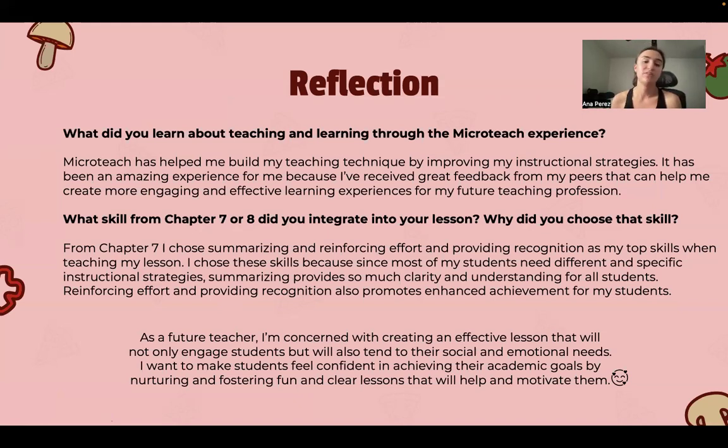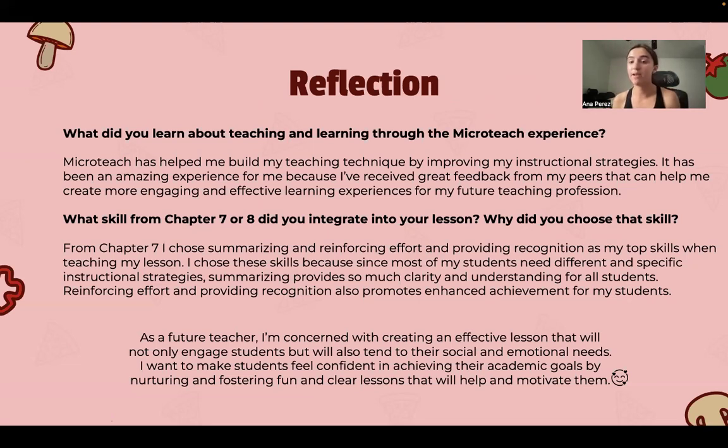What skill from chapter 7 or 8 did you integrate into your lesson, and why did you choose that skill? Well, from chapter 7, I chose summarizing and reinforcing effort and providing recognition as my top skills when teaching my lesson. As you saw in my last slide, I summarized the lesson.